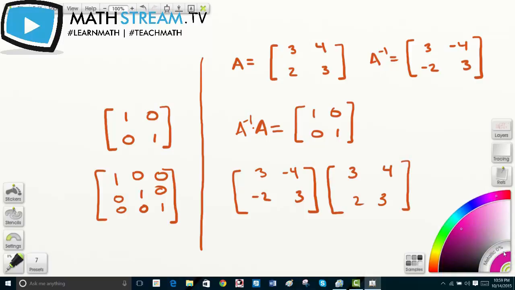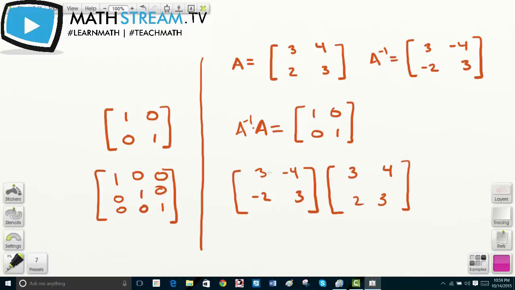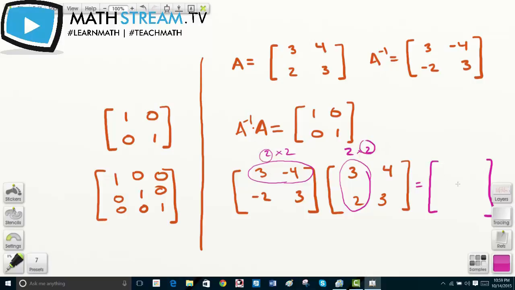So let's use a different color. And we do rows and columns, remember? So here's row and column. Now, by the way, I know that my answer matrix is going to be a 2 by 2 because we know this dimension is 2 by 2. This is 2 by 2. So looking at the outsides, we're going to have a 2 by 2 matrix again.